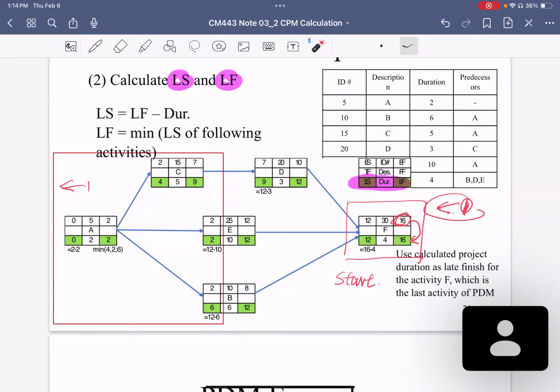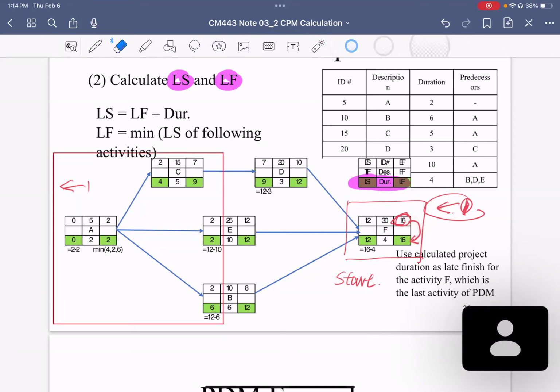That is because we use the late finish time of F as the project duration, and the project duration is the late finish time for F as well.